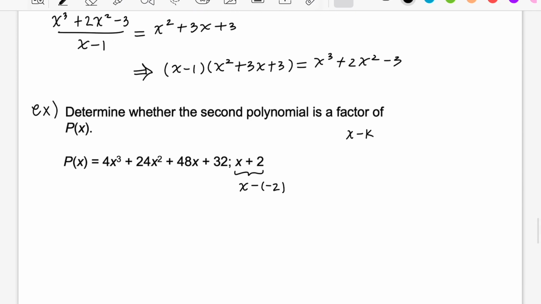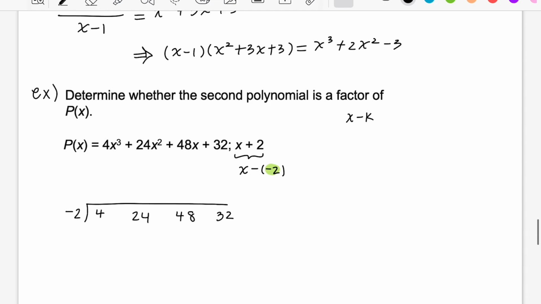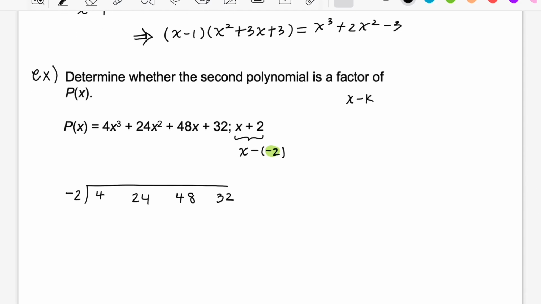We're going to start by writing out the coefficients of our polynomial. So we have 4, 24, 48, and 32. And we're dividing these guys by the constant in our divisor. So minus 2 here. Alright, and then remember from our procedure, the first step is to bring this coefficient down.